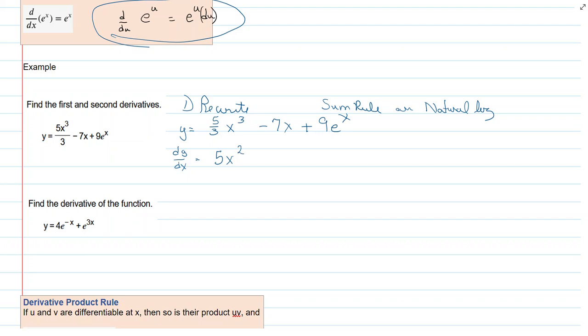Because we subtract 1. What if I take 1 from x, what do I have? X to the 0. What is x to the 0? 1. Any number to the 0 is 1. Y'all remember, I gave you those rules, yes? Okay, so just so you know, I'm going to have a negative 7 plus 9e to the x, because it's just e to the x, and 9 is a multiplier, and this is our solution.